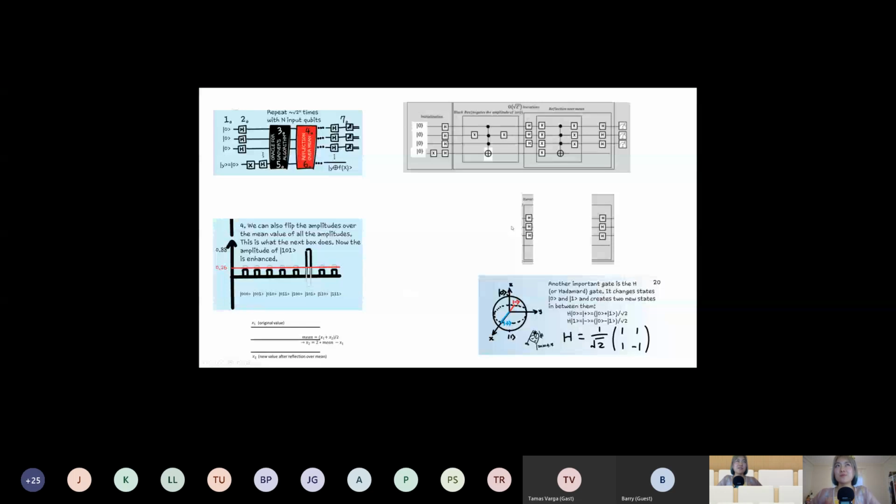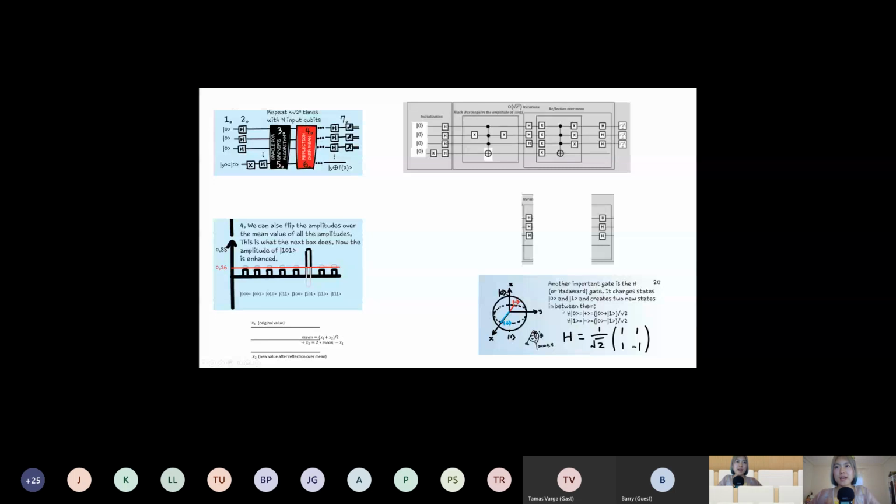So the H gate, remember that when we looked at the single qubit gates, when we introduced H, it allows you to go from 0 to plus and 1 to minus.